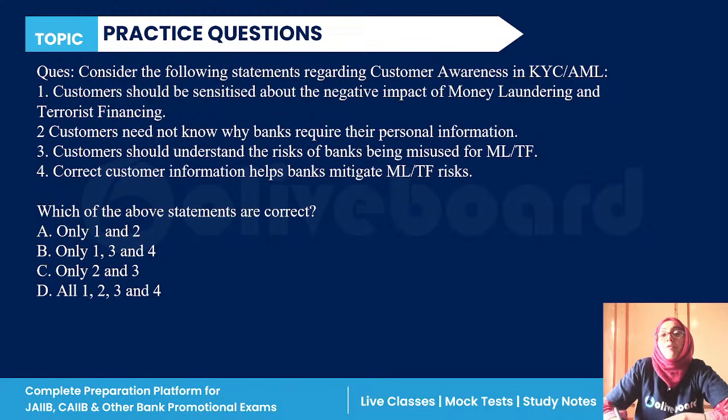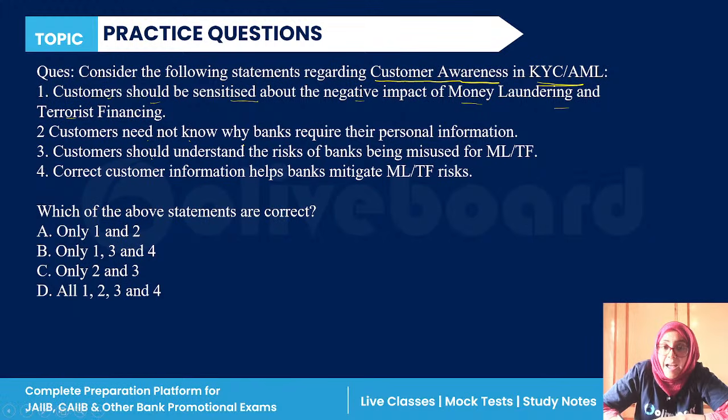Next, consider the following statements regarding customer awareness in KYC and AML. Customers should be sensitized about the negative impact of money laundering and terrorist financing. Customer need not know why the bank requires their personal information.